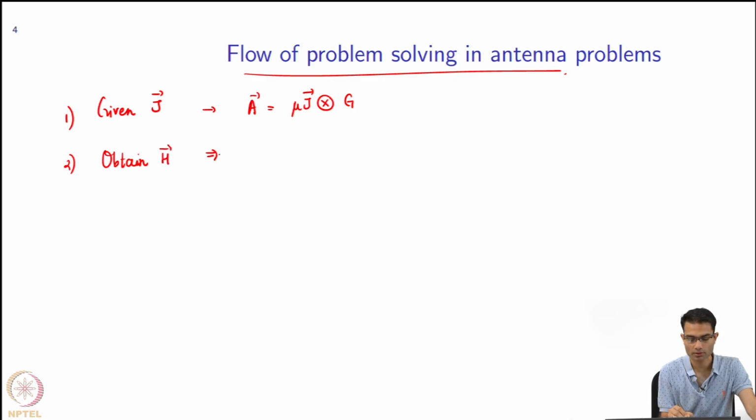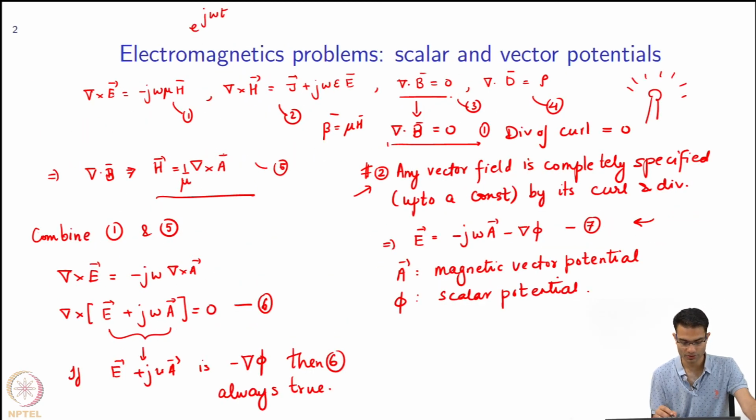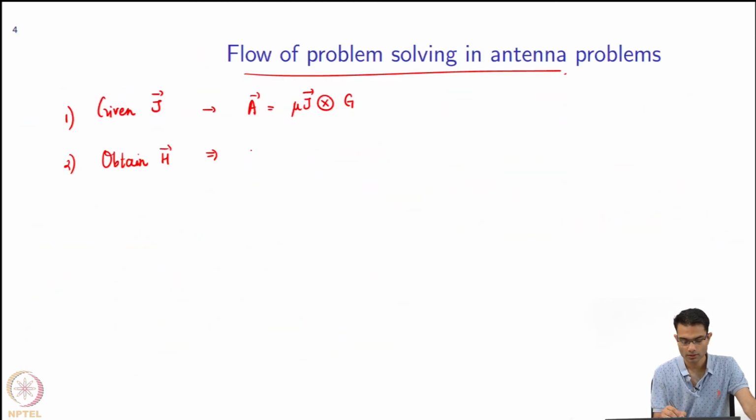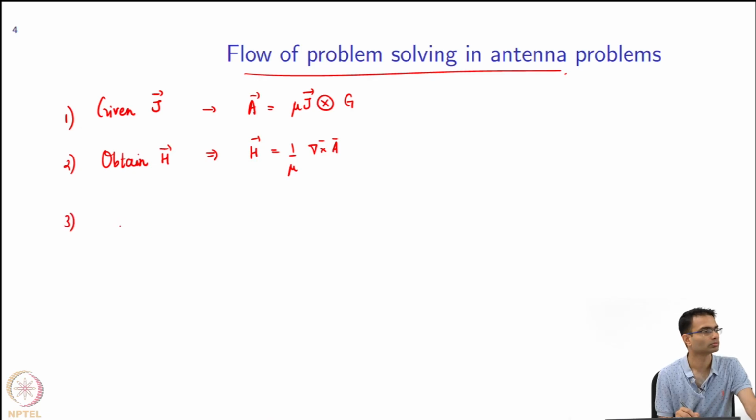Because of the definition, I can use this relation over here: H is 1 by mu curl of A. Third, what is the other thing you are interested in? Electric field. In general, our objective is to find the electric and magnetic fields. So, what choices do I have for E?